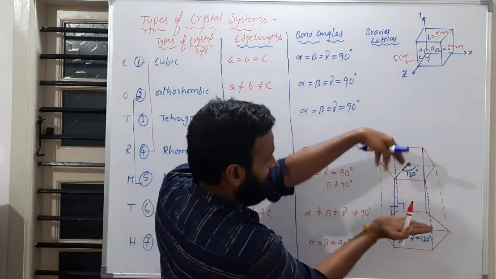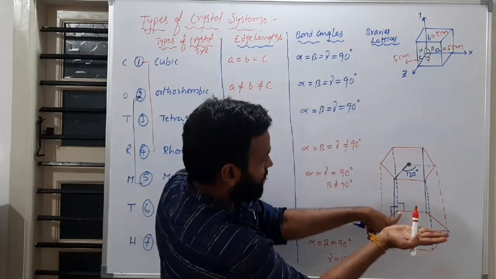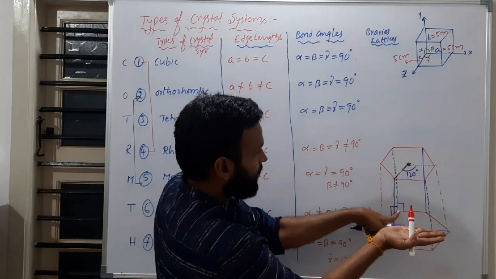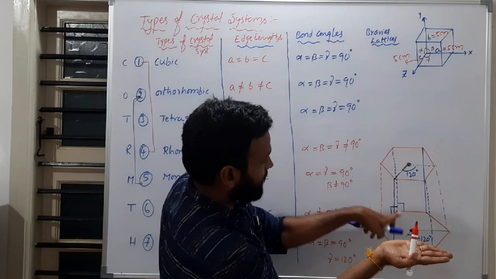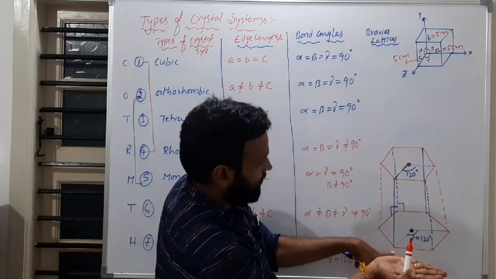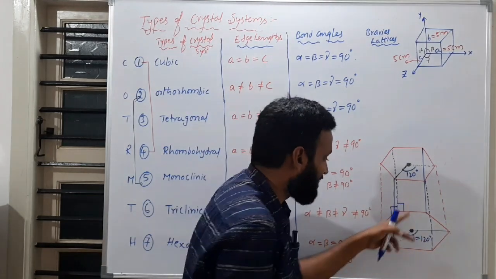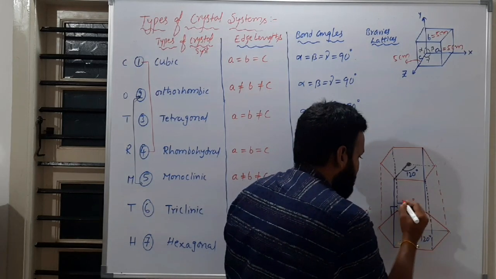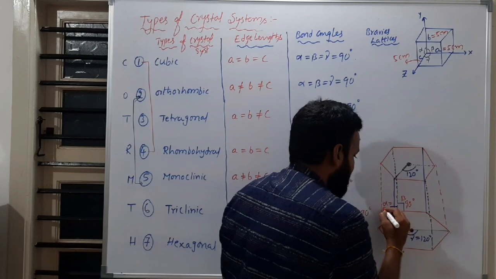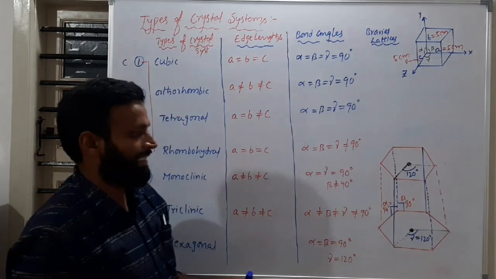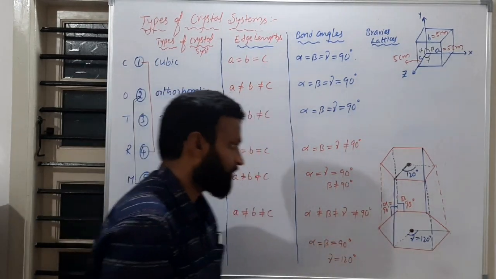When you are having it like this, from upper to this one, suppose back side, this back to this front, angles won't change. This is 90 and here you have 90 degrees. Suppose this is alpha and this is beta. So alpha is 90 degrees and beta is 90 degrees, but gamma is 120 degrees.